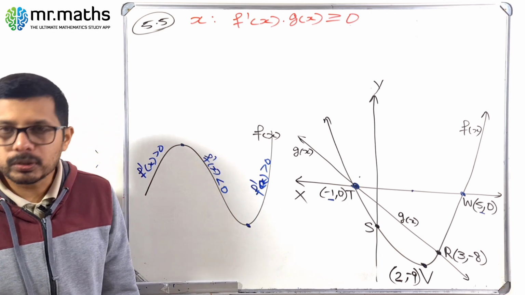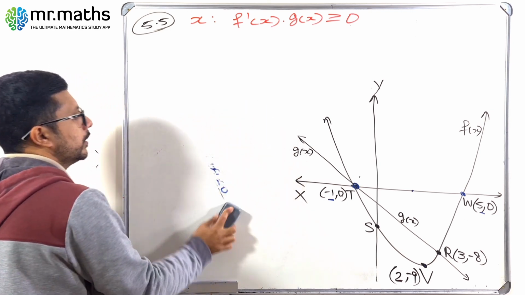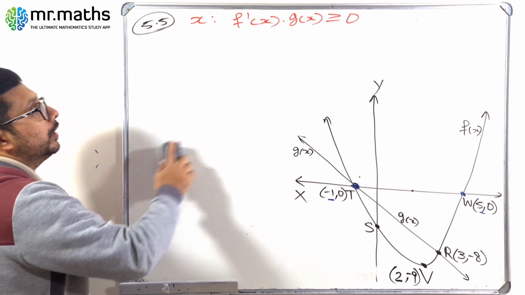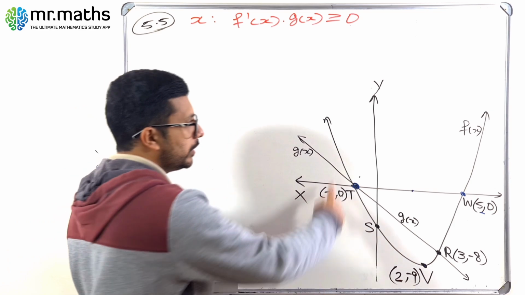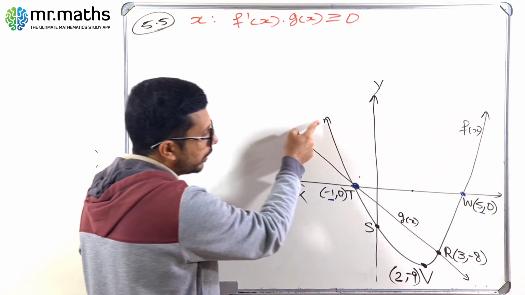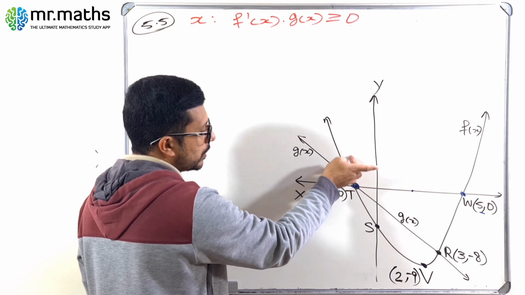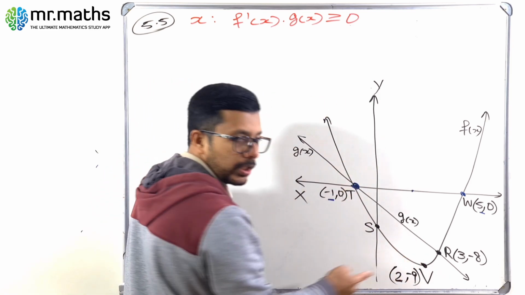Now come back to this question. Look at f of x and f dash of x. What is our f of x? This parabola, am I right? Here you can see that the graph is decreasing up to this turning point.